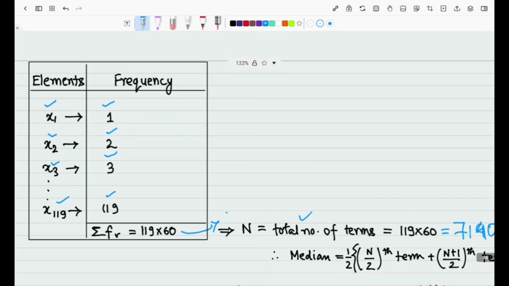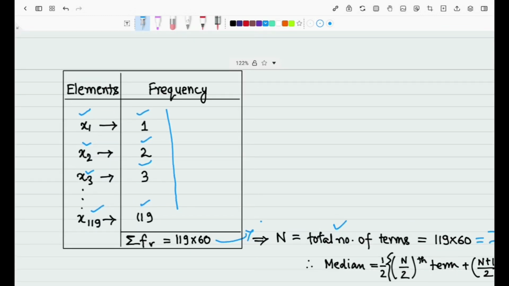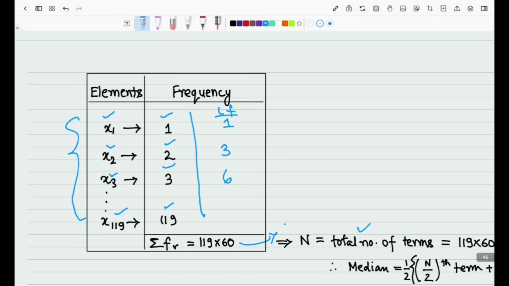Now you all must remember the cumulative frequency that we read in class 10th, right? The cumulative frequency for this table would be 1, after that it is 3, after that it is 6, and so on up to 7140. Now this table is arranged in a particular order. It is not a haphazard or random distribution, it is an ordered distribution.